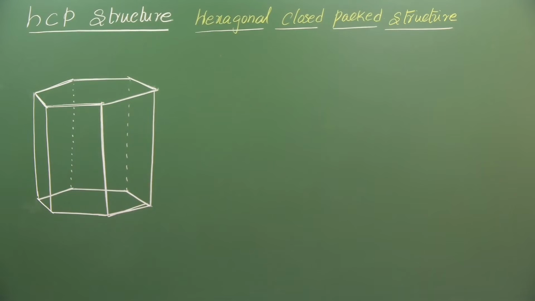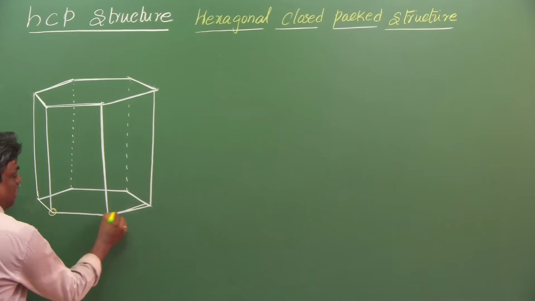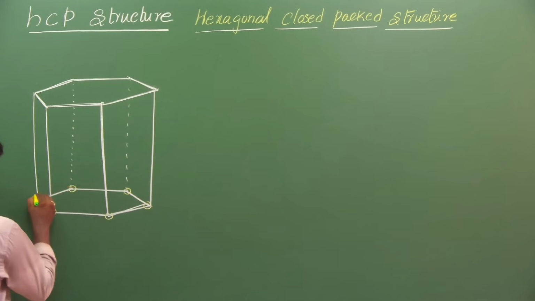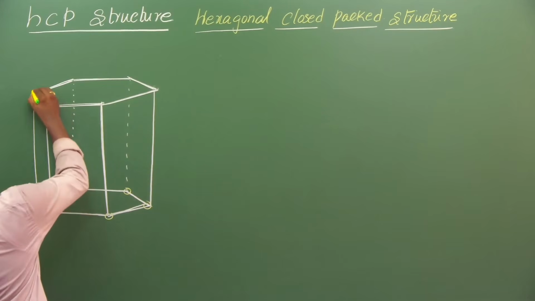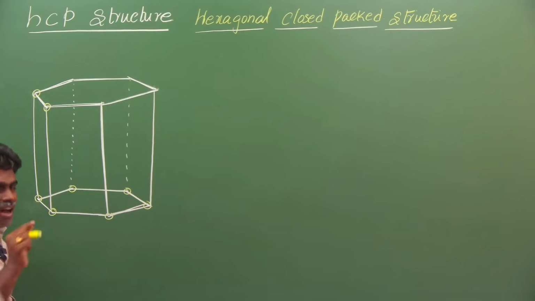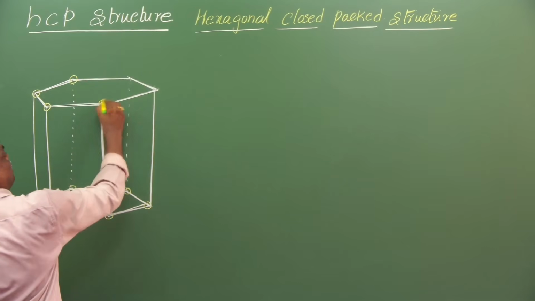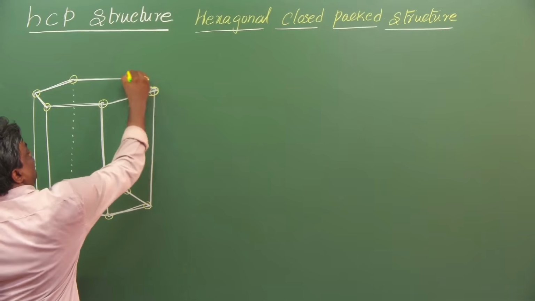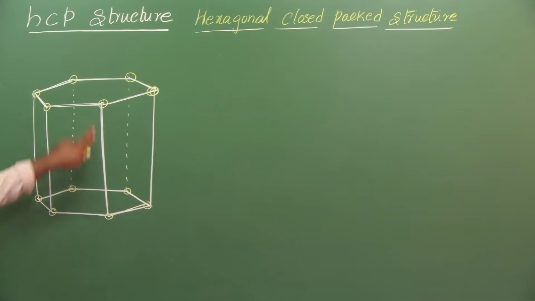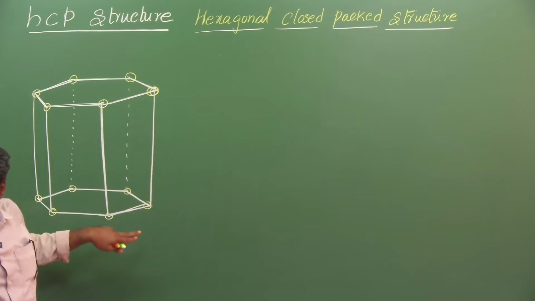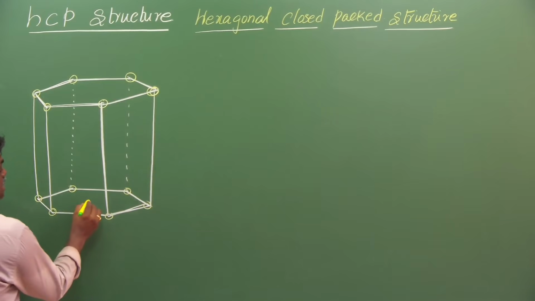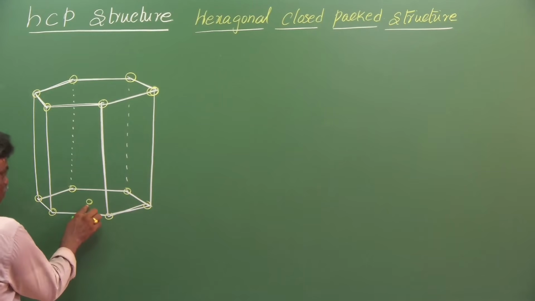Right. Here we have a hexagon, and here also one hexagon is there. At each face we have one atom, and at each corner we have one atom. So two hexagons, at each corner one atom, and the center of the hexagon also one atom.